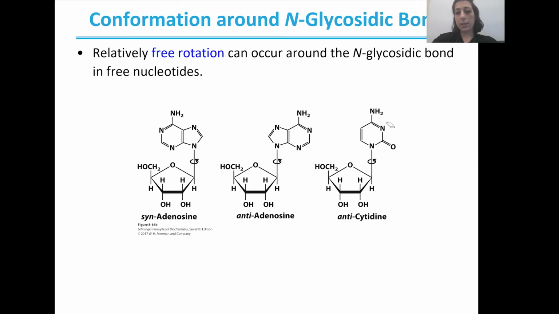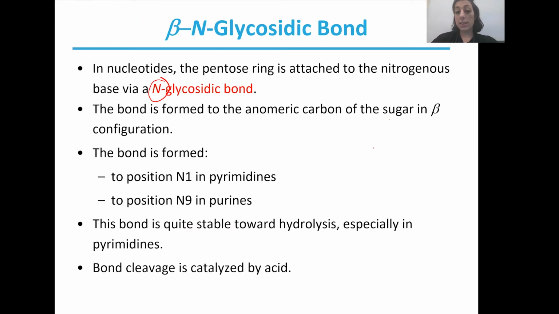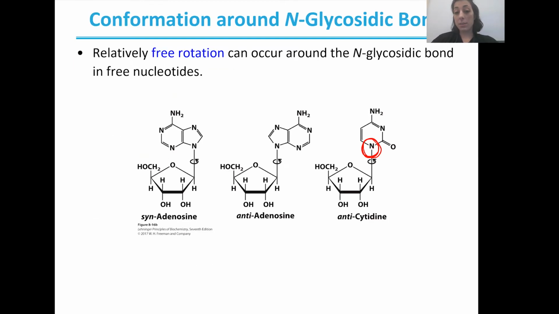So to highlight that, you can see here on our pyrimidine, this is the N1 position, and that is where we attach the bond for our pentose sugar.